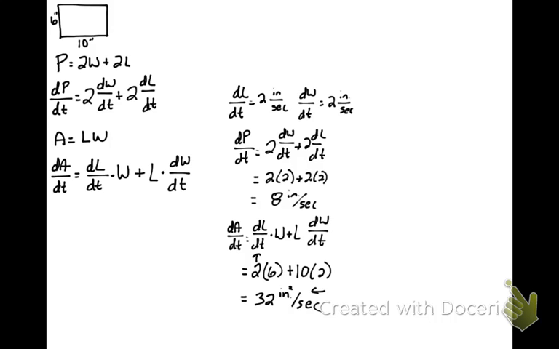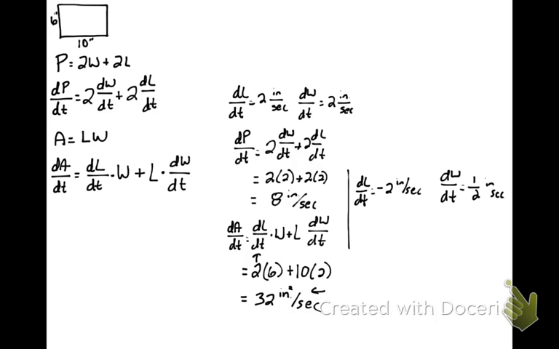Let's consider option D for the same example, where we're told some different things. We're told the length is decreasing, so dL/dt is negative 2 inches per second. But dW/dt is increasing at half an inch per second.